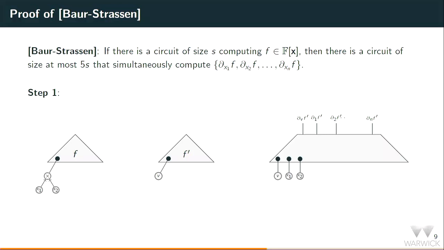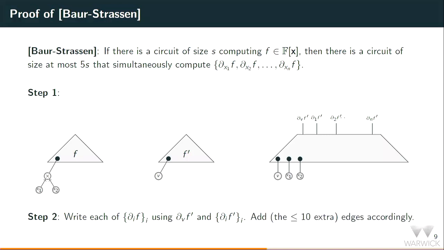Then you assume by induction, because the size has decreased, so the number of edges has decreased, that this can compute all the partial derivatives simultaneously with a blow up of only 5s, and then you use the chain rule to reconstruct the derivatives with respect to x1 through xn to get back the thing.